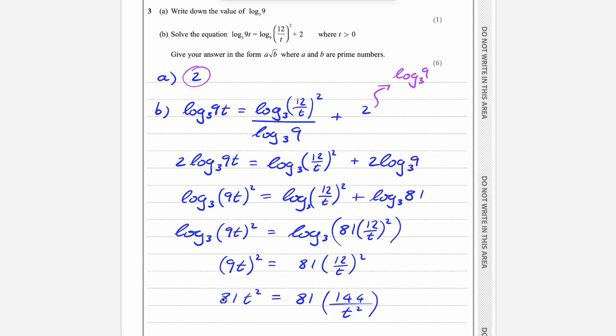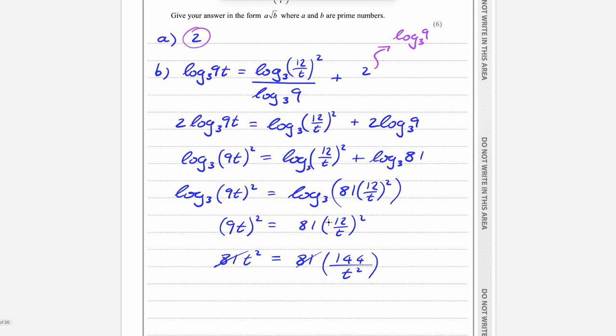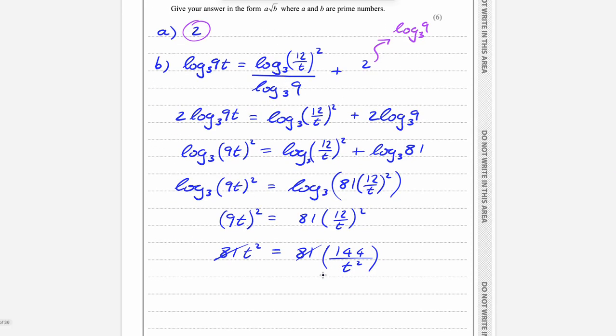I can then divide both sides by 81, and I'm going to get t to the power of 4. I just want to keep my answer form here. So cross multiply, and I get t to the power of 4 is equal to 144.